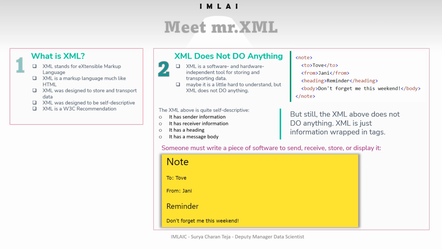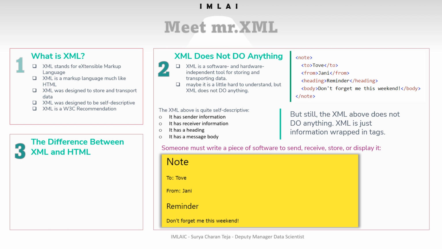So then what is the difference between XML and HTML? XML and HTML were designed with different goals. XML was designed to carry data with focus on what the data is, whereas HTML was designed to display the data with focus on how the data looks.